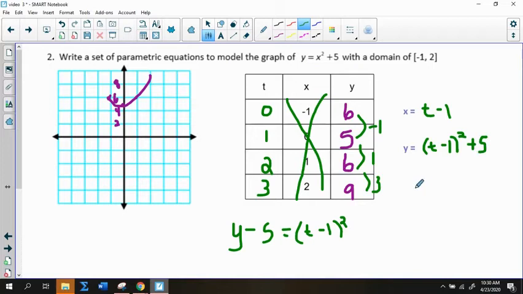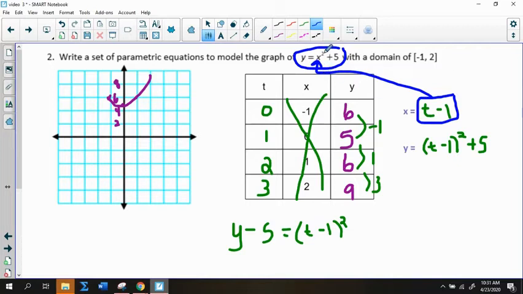This is by doing the problem without even using the original rectangular. If you didn't have the rectangular, this is really what you'd need to do. But if you have the rectangular equation already, you take what you got for x, t minus 1, and substitute it in for x into the original rectangular equation.